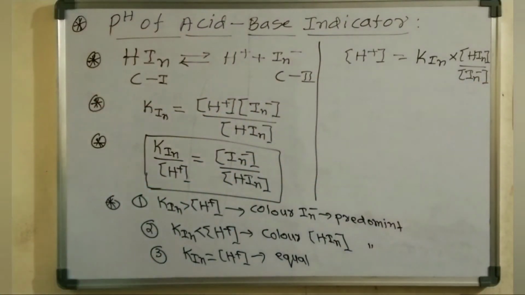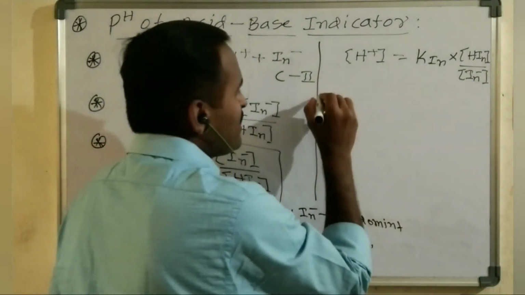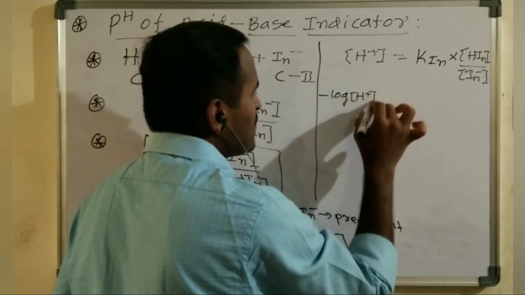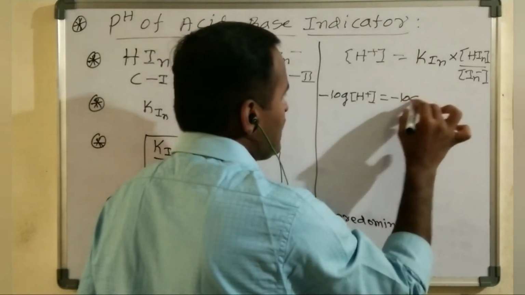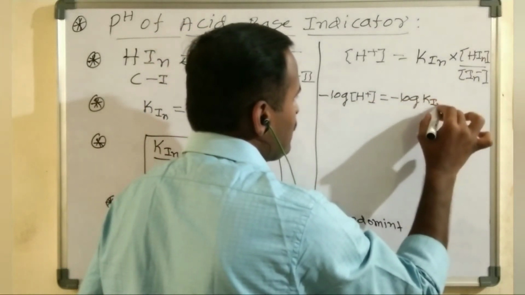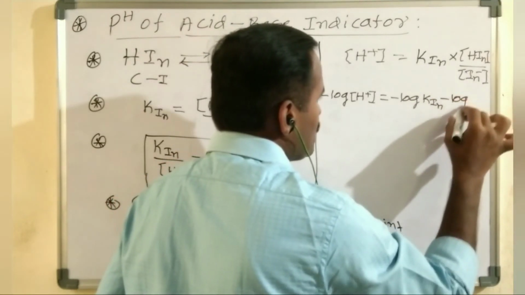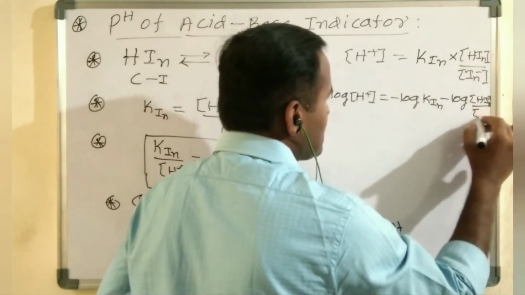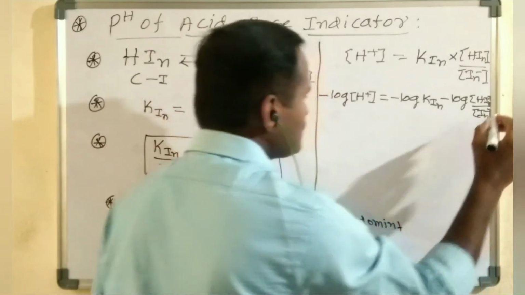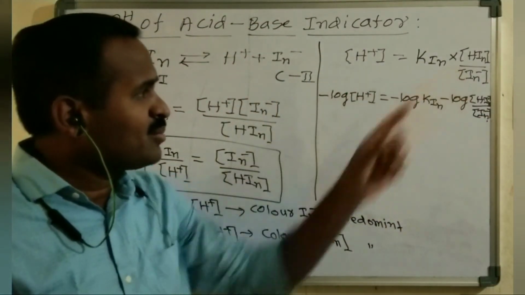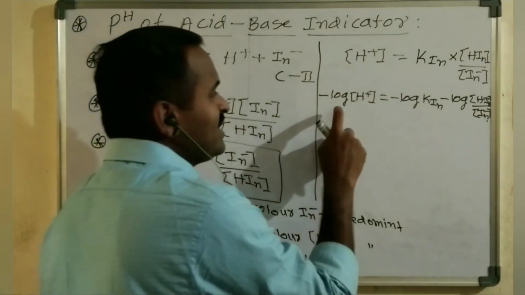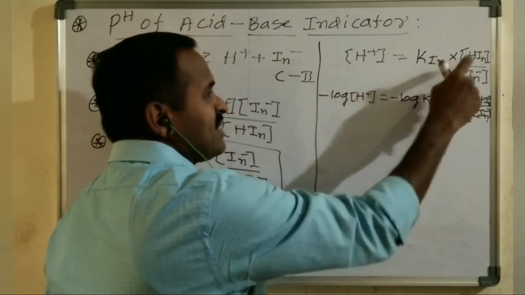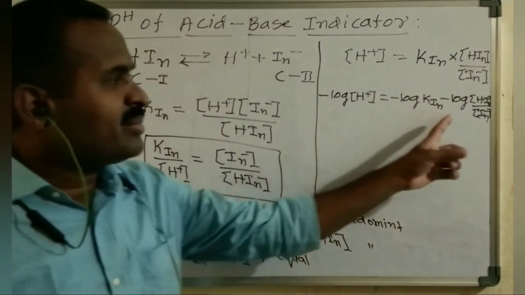So you can take the minus log on both sides. Whenever I take the minus log on both sides, minus log of H plus ion concentration is equal to minus log of KIn into HIn concentration divided by In minus ion concentration. Generally log of m into n is log m plus log n, which we write before taking the minus.